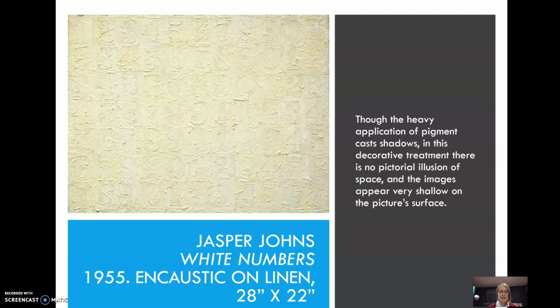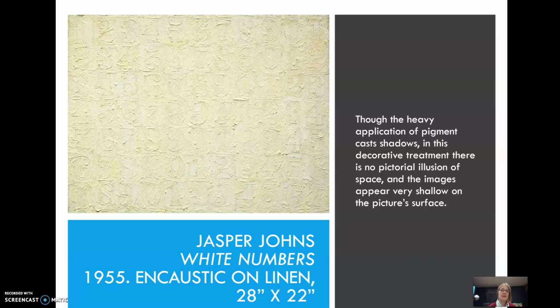So what he's done is, this is actually encaustic on linen, okay? Linen is a fabric, kind of like cotton, but it's made out of a different material. Just like an artist would use canvas on a stretcher frame, some artists use linen. It's a little bit more expensive.